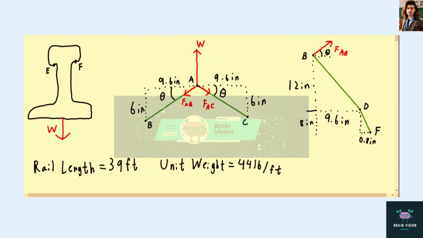So now that we have the weight, we can take the moment about this point E on this free body diagram.